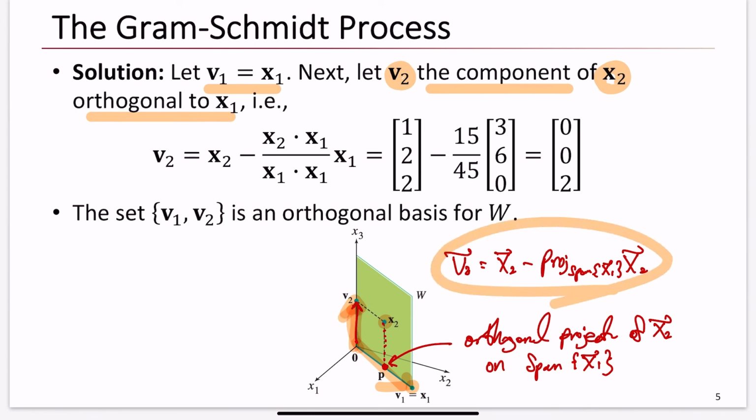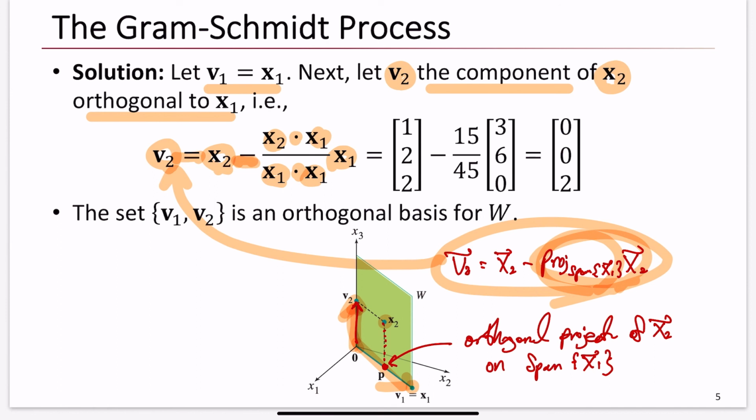Then v1 and v2 can be the orthogonal basis for W because they are orthogonal to each other and they are a basis for the subspace W. Okay, so how can I find this? We can rewrite v2 as x2 minus this one. We already know how to compute the projection of x2 on an arbitrary subspace, which is going to be (x2 inner product x1) over (x1 inner product x1) times x1.